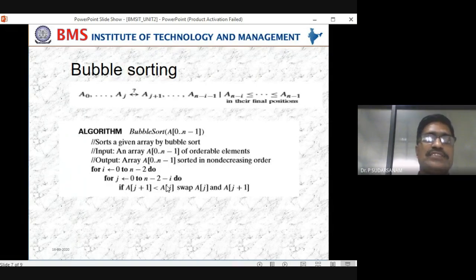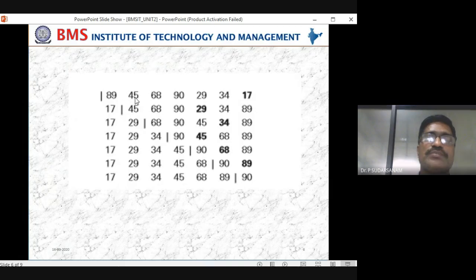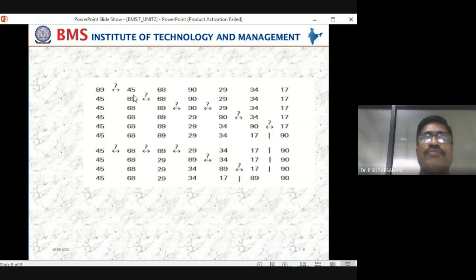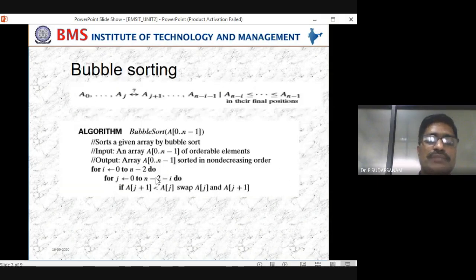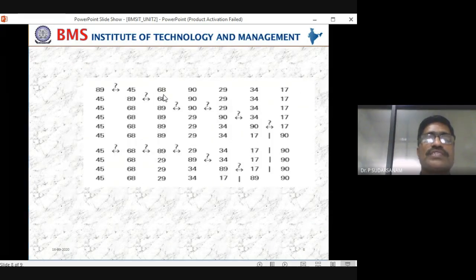A of j plus 1 means this one: 45 is less than 89, the condition is true, swap these two values. Now j value will be 1, so A of j plus 1 means 2. 68 is less than 89, the condition is true, swap these two.